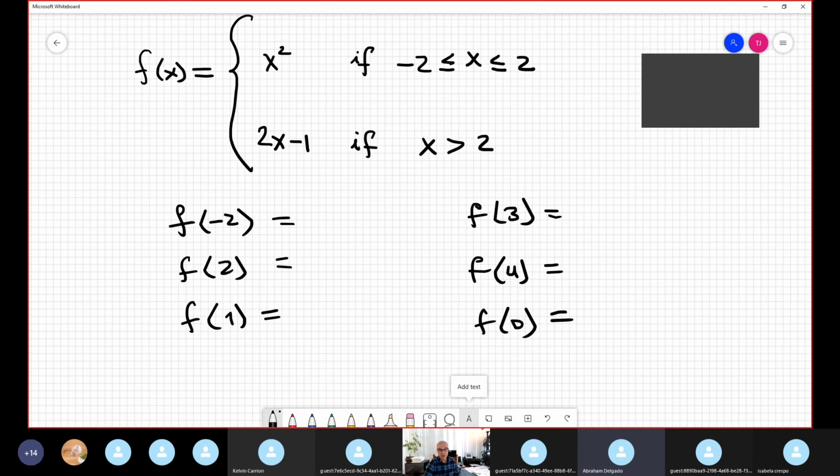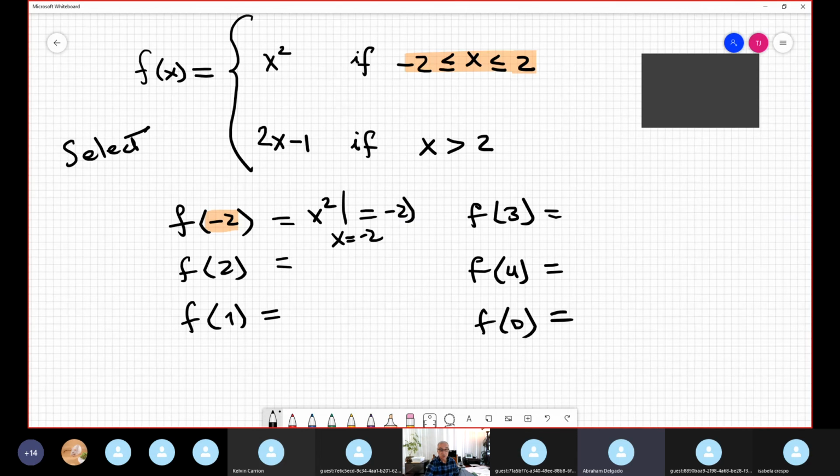Entonces the process is clear. You take this number, boom, and you investigate at what interval it belongs. It's obvious que it belongs to this interval, yes or no? Now the expression que is selected is x squared. I'm plugging in x equal -2.